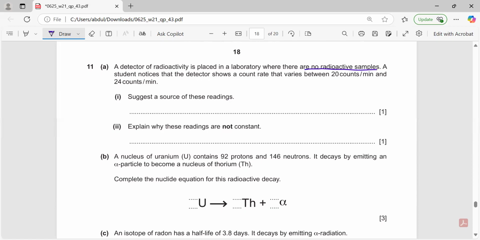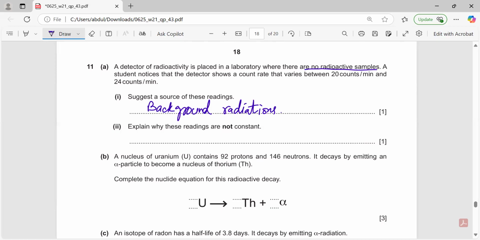So that can be the rocks in the walls of the laboratory, or the radon gas in the lab. So the source of these readings is background radiations. Why are these readings not constant? Very simple answer again.